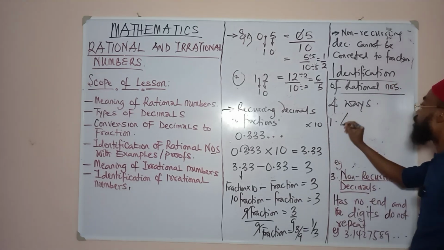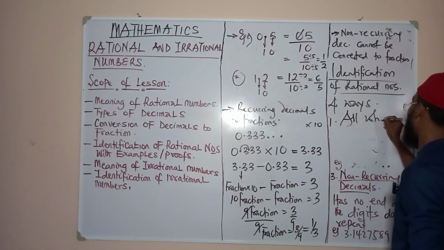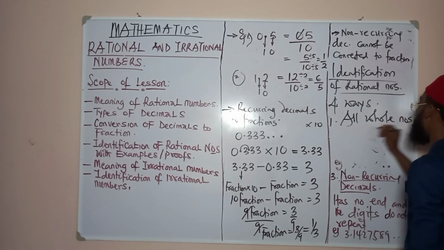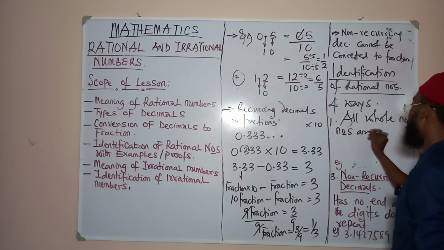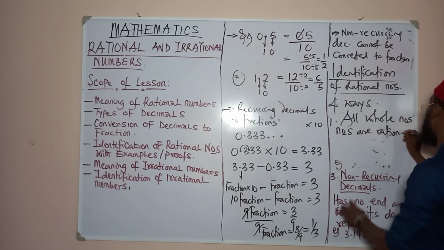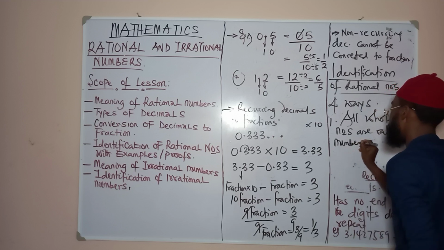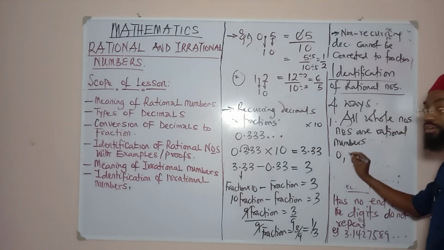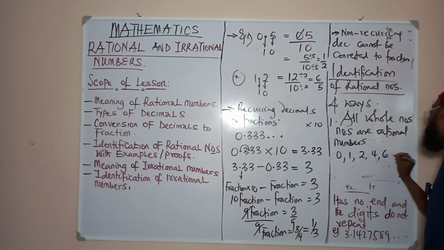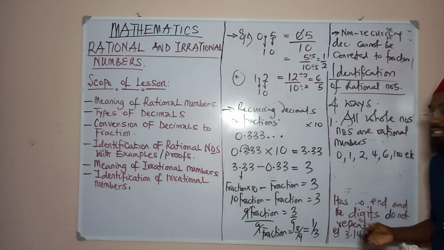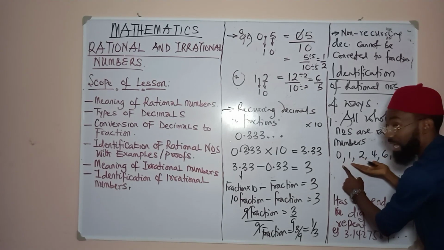4 ways. Number 1, all whole numbers are rational numbers. What are whole numbers? All those numbers you can count: 0, 1, 2, 4, 6, 100, etc. Now somebody is asking, how do we know that these are rational numbers?